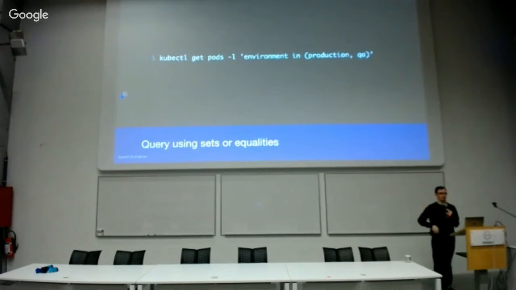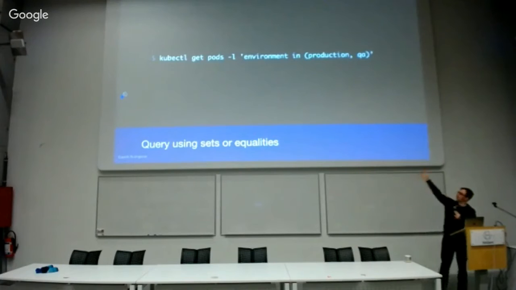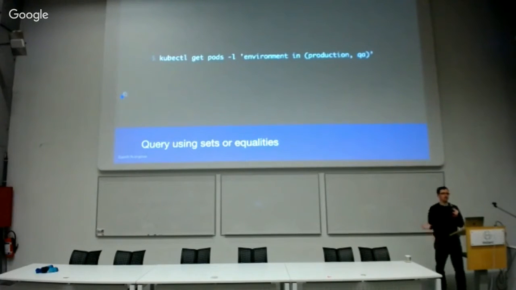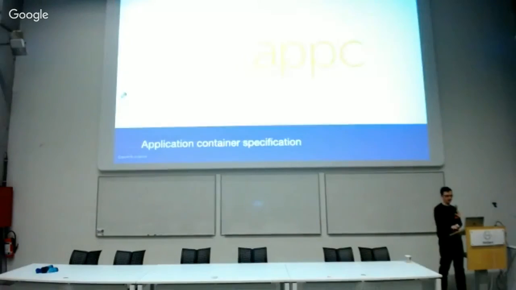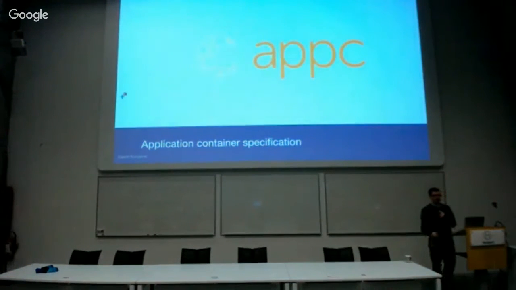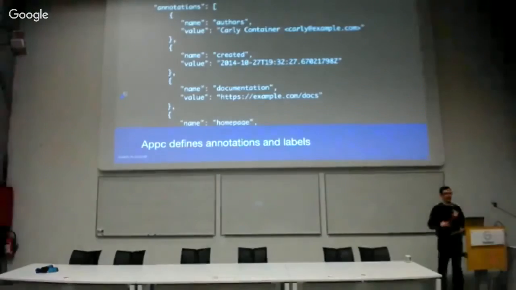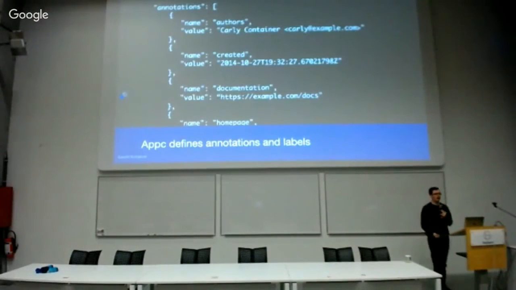And again, once we've added it, we can also get it back. So list, get me all the pods where the environment has this key value, and so on. There's some set-based stuff, equality-based queries. We can do things there. And the AppC container specification. I'm not going to go through all possible container technologies, but most of them have something akin to arbitrary user-definable key value pairs on their default primitives.